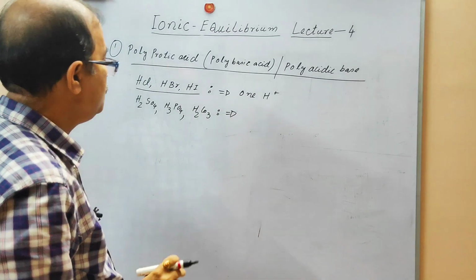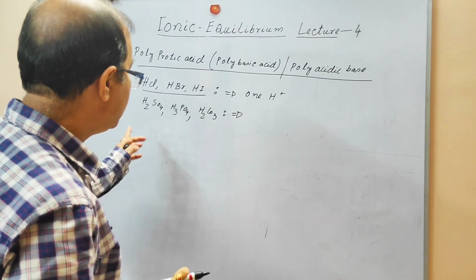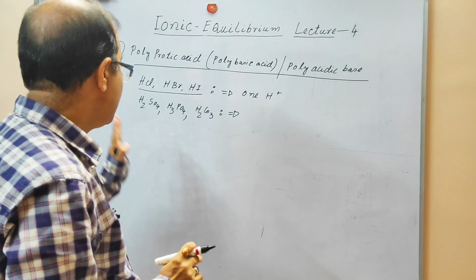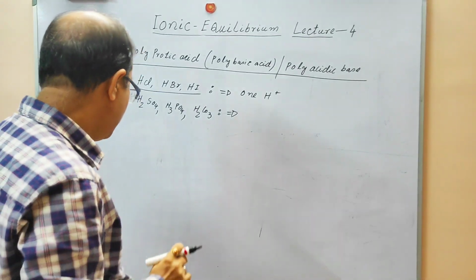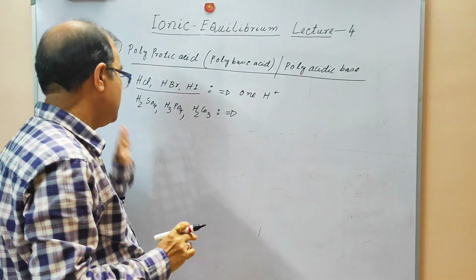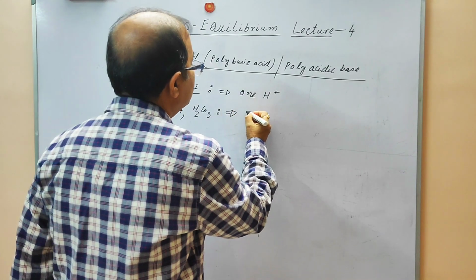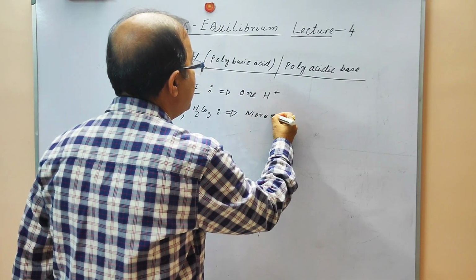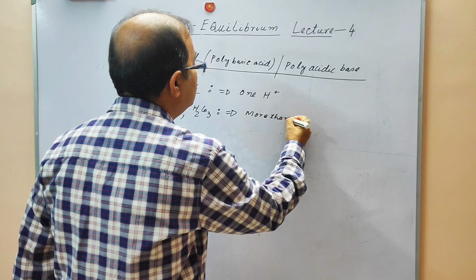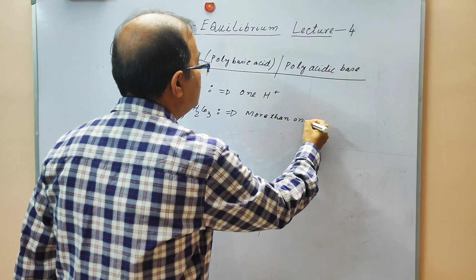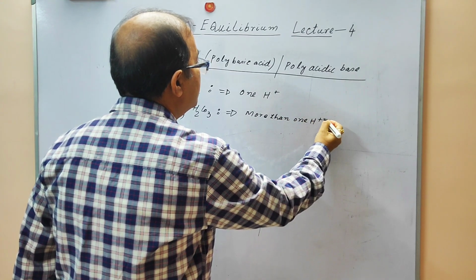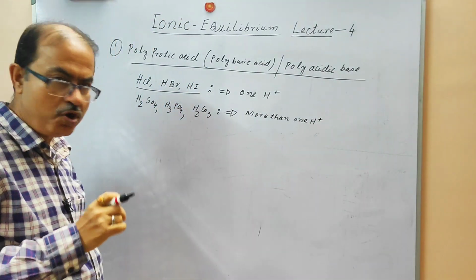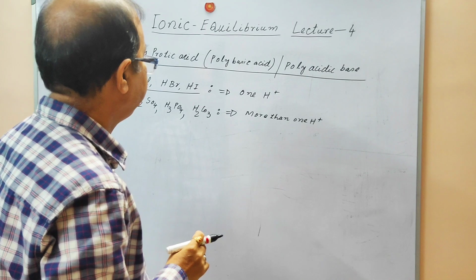All those acids have more than one acidic hydrogen, and these acids are going to produce more than one hydrogen. These acids are called the polyprotic acids or polybasic acids.